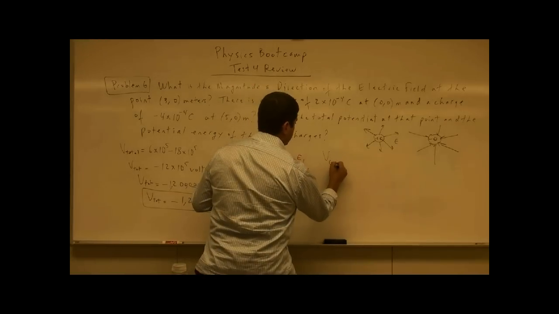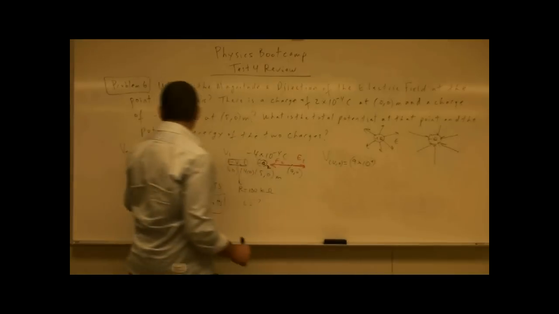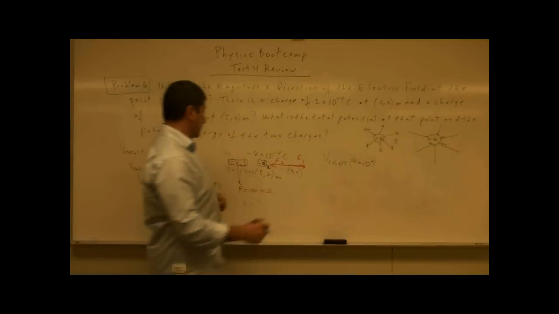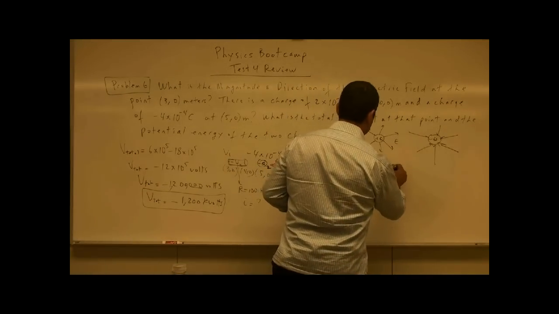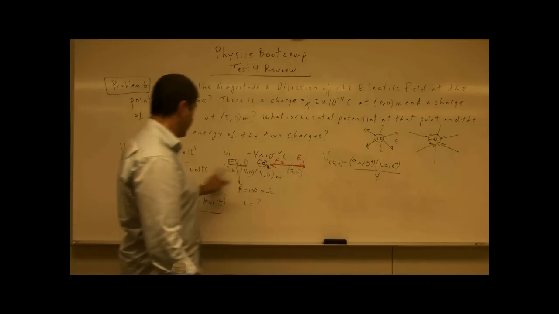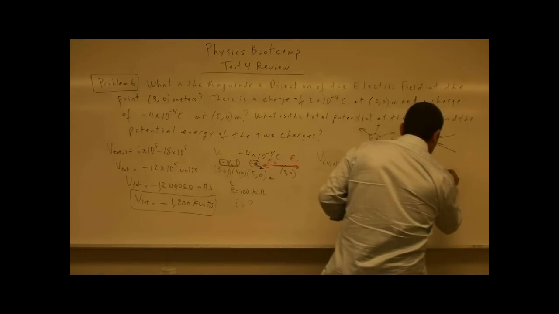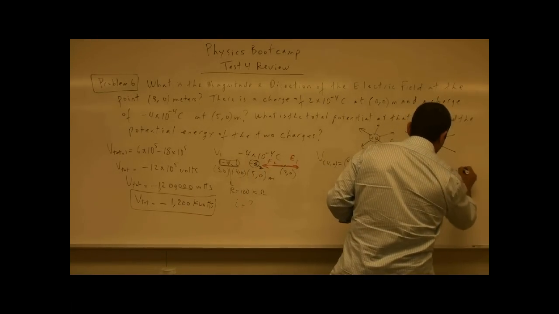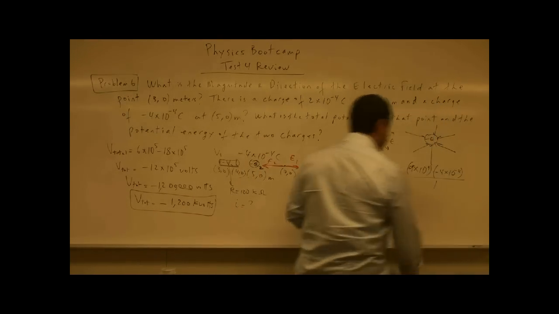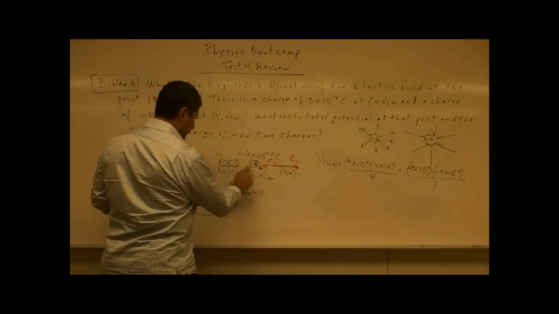It would be 9 times 10 to the 9th, times 2 times 10 to the minus 4 divided by 4 meters, because we're at 4 over here, plus negative 4 times 10 to the minus 4 over 1, since this one is 1 meter away on this side.